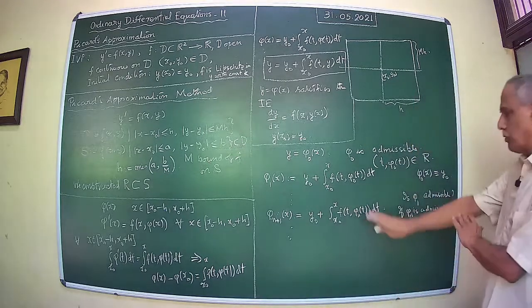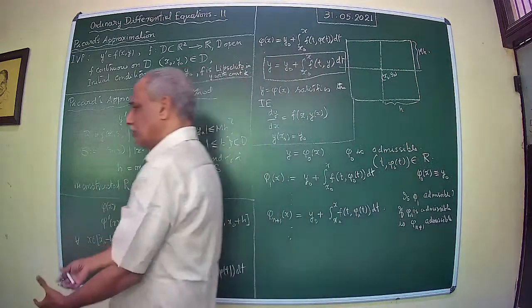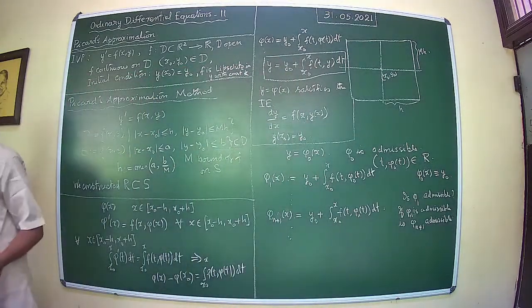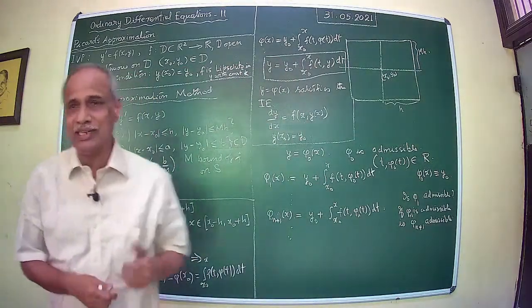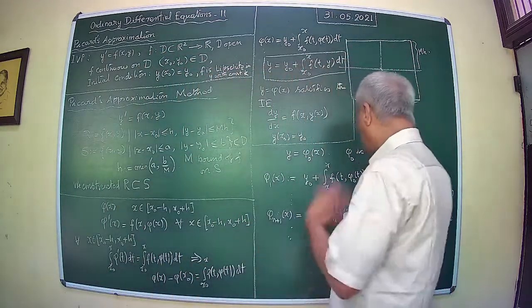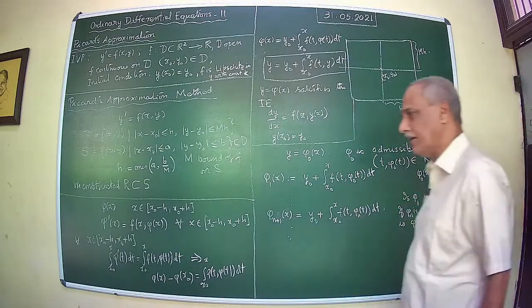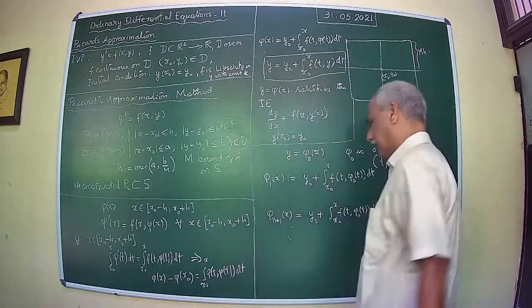So the only requirement that you need is that these functions that you generate starting from an admissible function give rise only to admissible functions, so that always f of t, phi k t or phi n t is defined. So you can go to the next one.